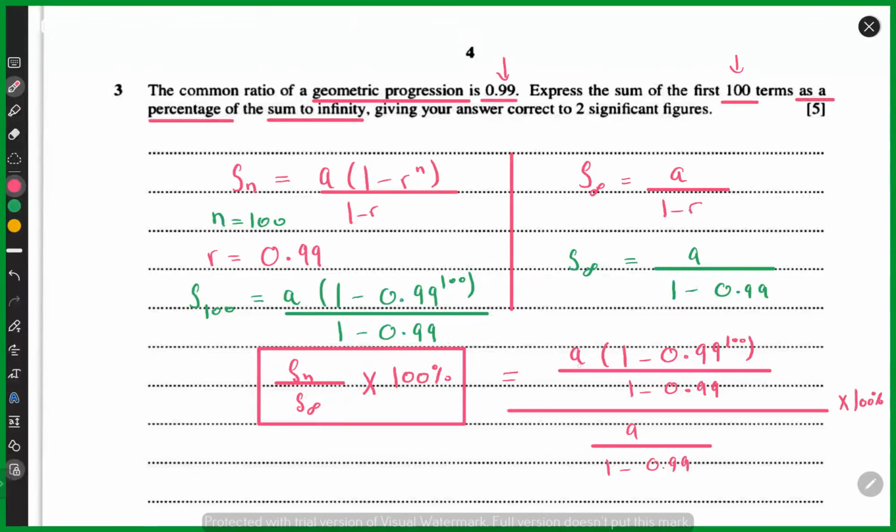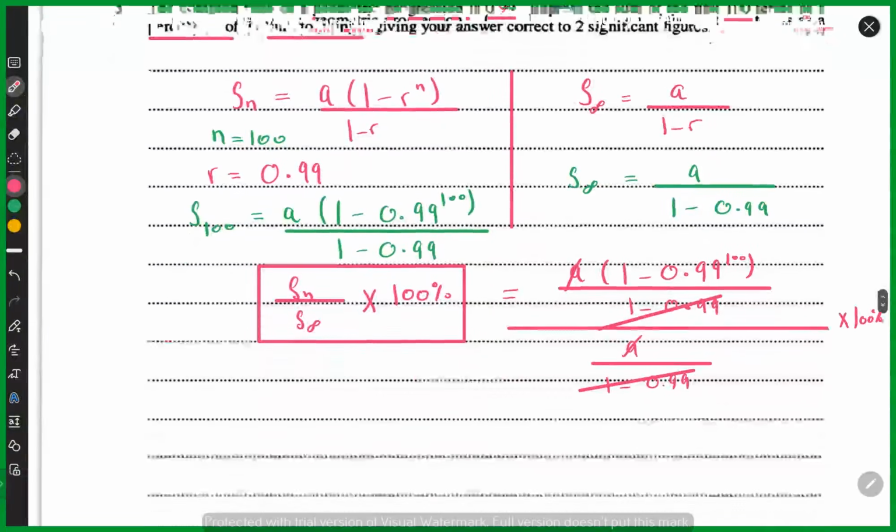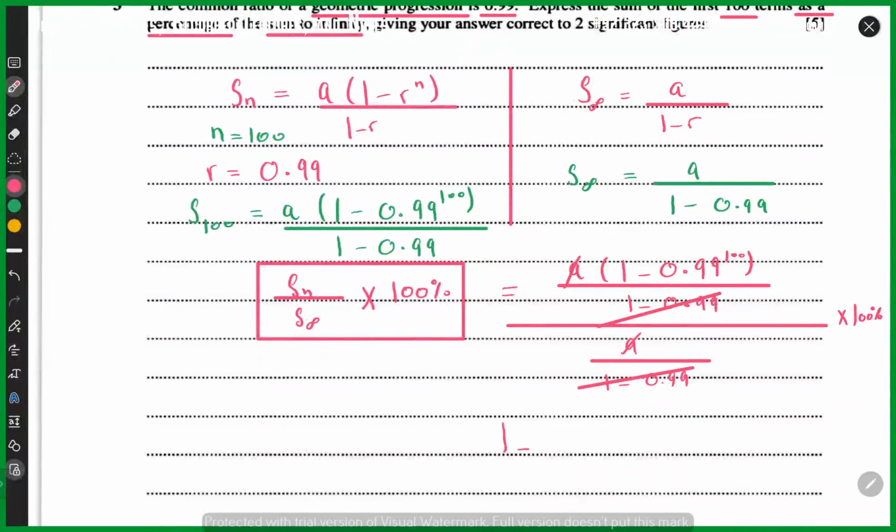Now A and A would get cancelled. 1 minus 0.99 and 1 minus 0.99 would get cancelled, and finally I am left with 1 minus 0.99 power 100. This thing is multiplied by 100%. So let's see what we're gonna get.